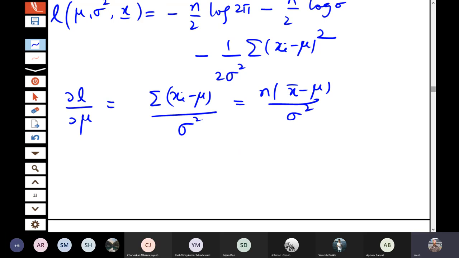So the derivative with respect to mu can be analyzed here. This is positive if mu is less than x bar and less than 0 if mu is greater than x bar.